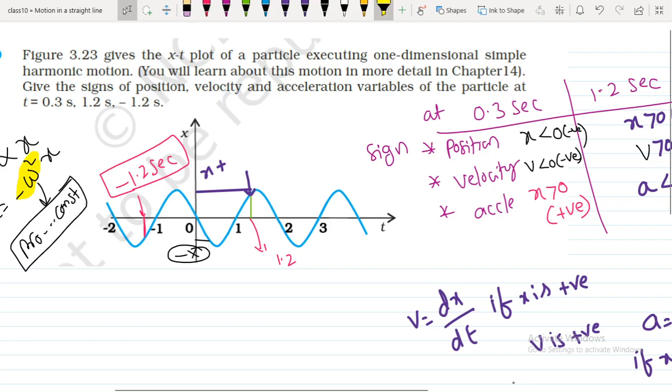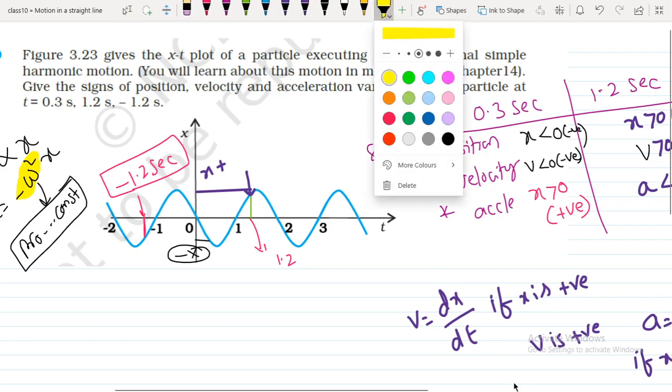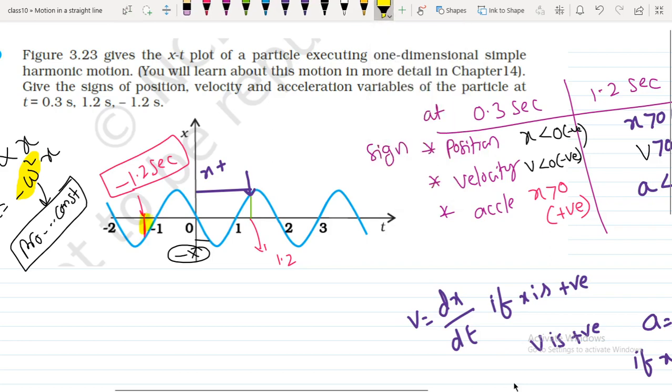Now coming to the time of minus 1.2 seconds. Let me draw the position first, so it is easy to understand.